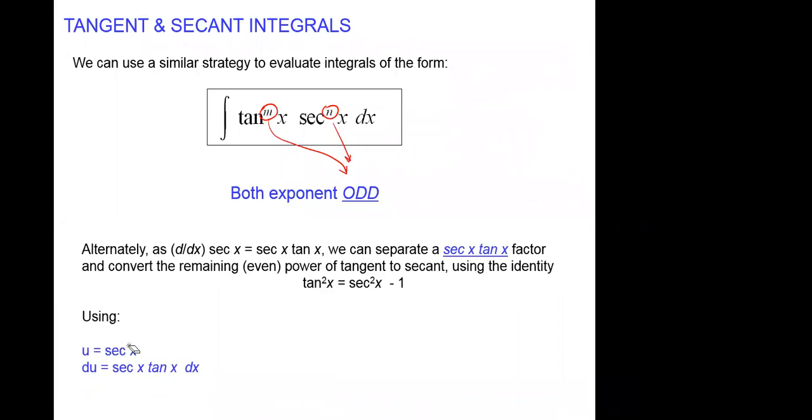Then we will let u be secant, which means we have to know the Pythagorean identity, how to rewrite tangent square in terms of secant square. Everything must be in terms of secant, the whole integrand, except the last part, we have to keep it at the end, secant times tangent, and save it for du. Okay, let's apply.